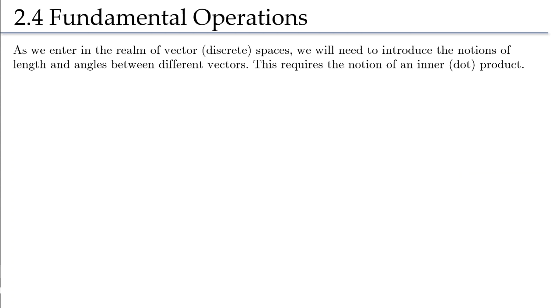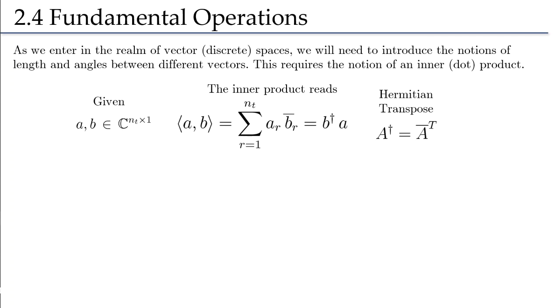Now, if we get used to seeing signals as vectors, it is interesting to see what are the operations that we usually do with vectors and what is their link to signal processing concepts. The fundamental operation in any vector space is the inner product. The inner product between two vectors of equal length is a scalar constructed by summing the element by element product, taking the conjugation of one of the two vectors.